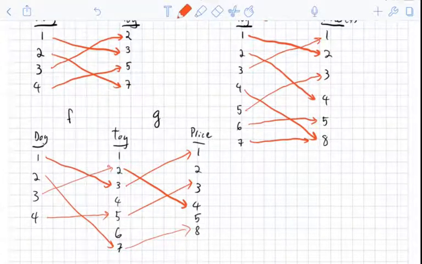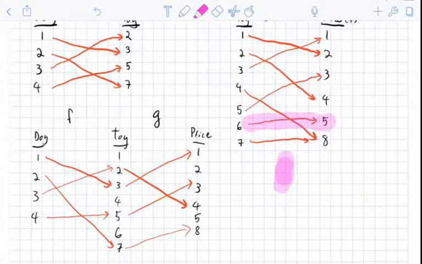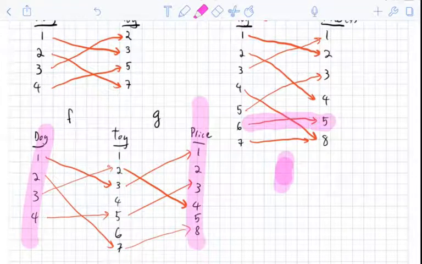This isn't as easy as just drawing it out in one go, but this intermediate step really illustrates the nature of this composite instruction. And you don't need to write all these other arrows, the ones that are missing, 6 to 5. Who cares about that? I'm interested in dogs to prices, so all those other arrows that start here and end here, they just mess things up, so don't worry about those.